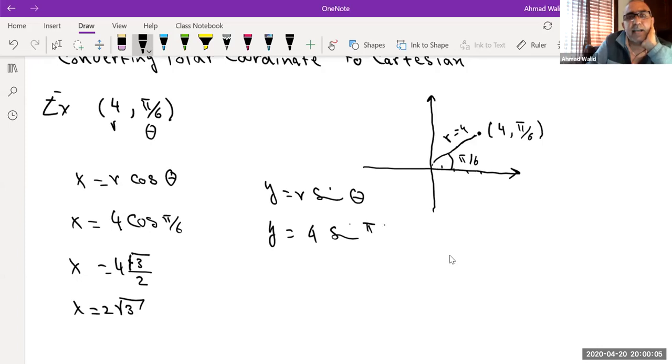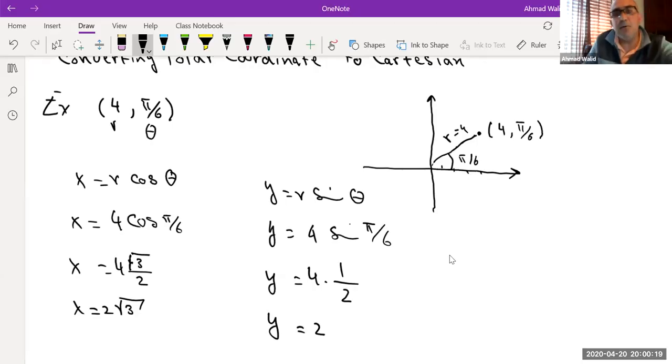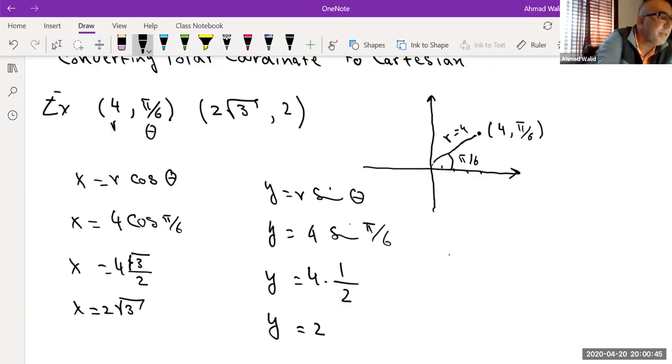Theta is pi over 6, so y equals 4 times sine of pi over 6, which is 1/2. It means y equals what? 2. Now you see you changed your polar coordinates to Cartesian. It means your x is 2 radical 3 and your y is 2. Easy, difficult? Easy?